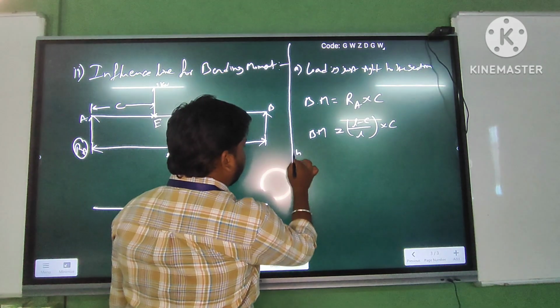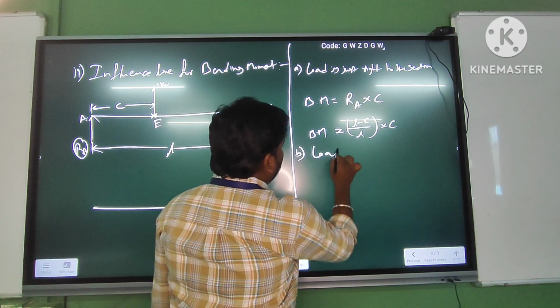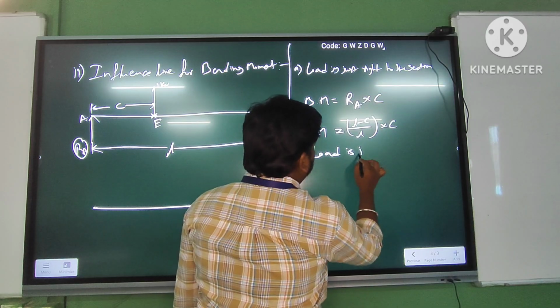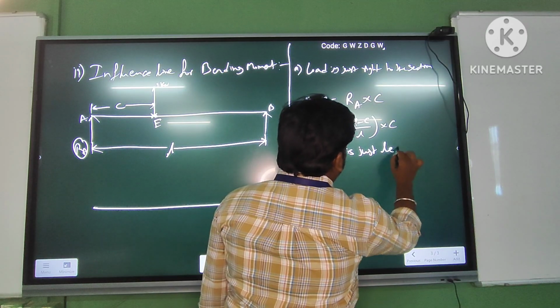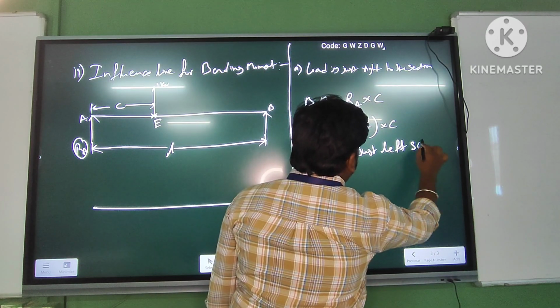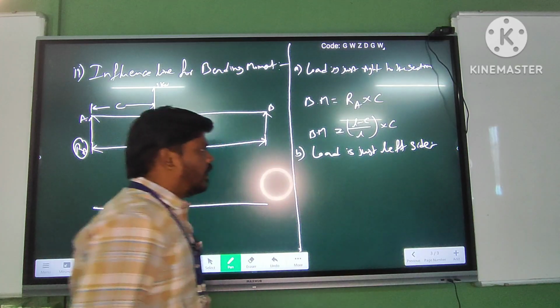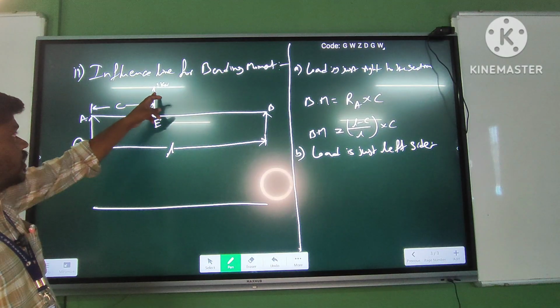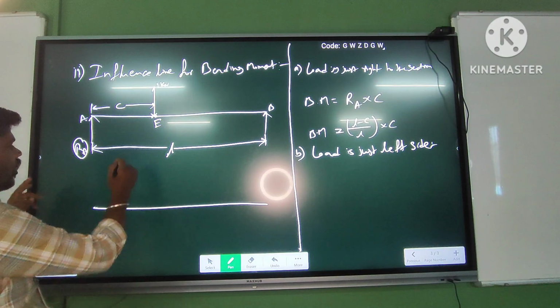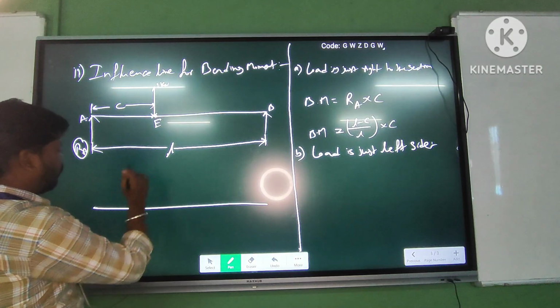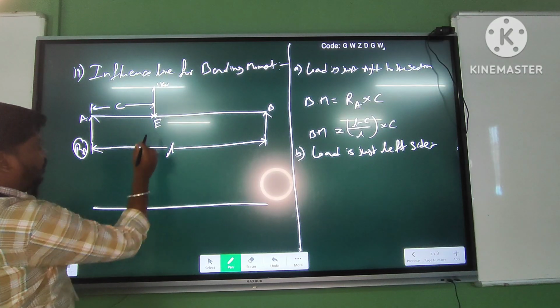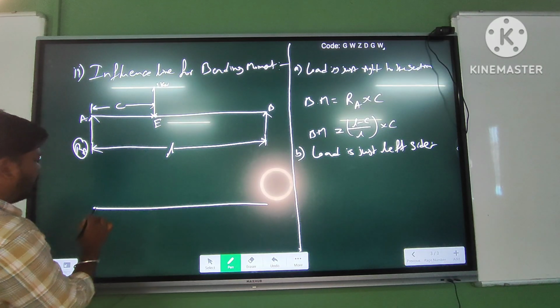Next condition, load is just left side. Here in this case we can consider the load is just left side to the section, and that too with a distance of x meters we can say. Say for example, here I will draw.